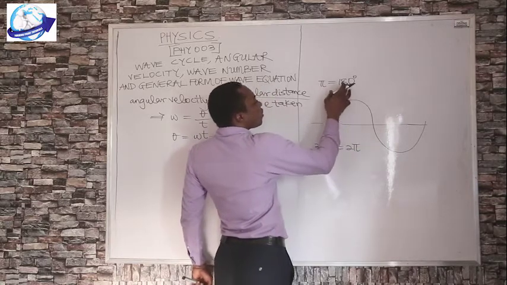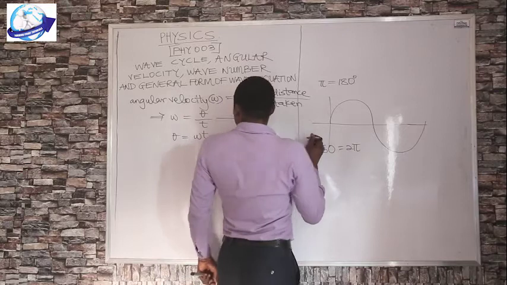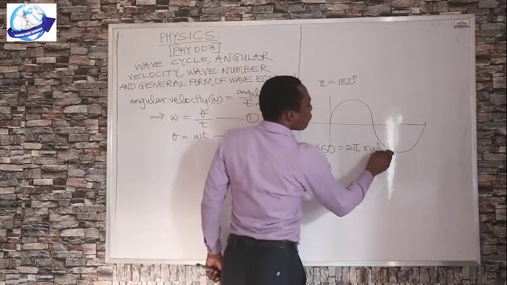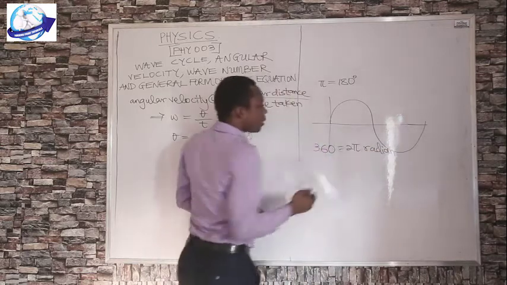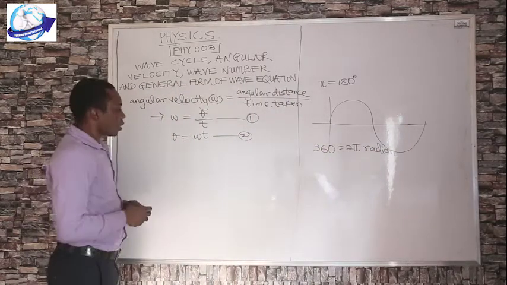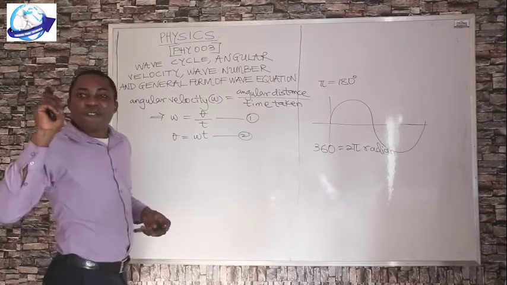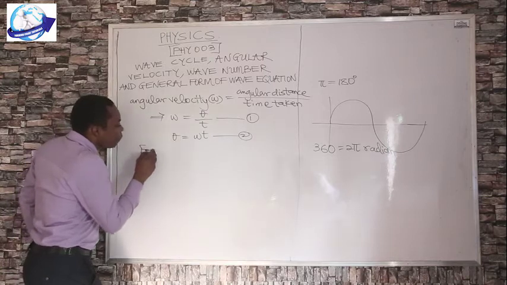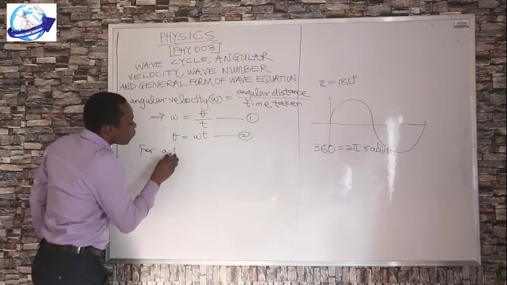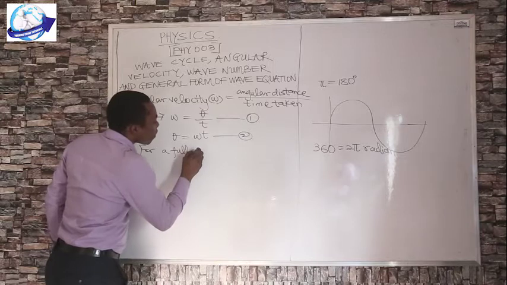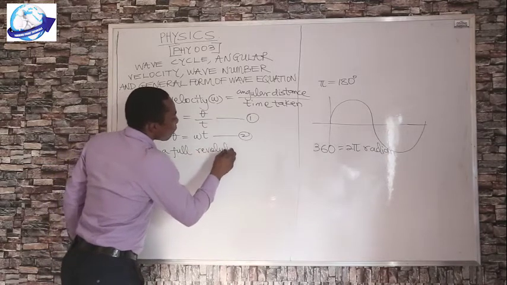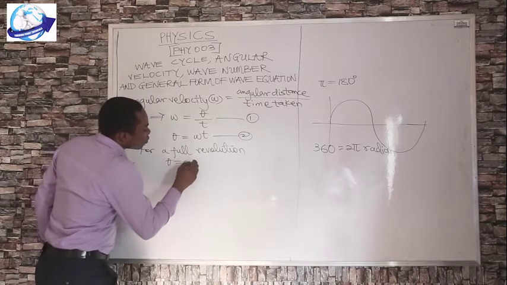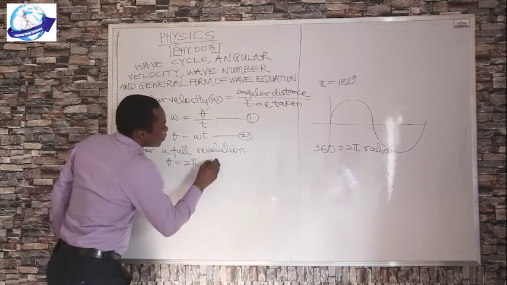So the angle at the center of a circle is equal to 2 pi radian. Let's come back to what we were looking at here. For a full revolution, theta is always equal to 2 pi radians.